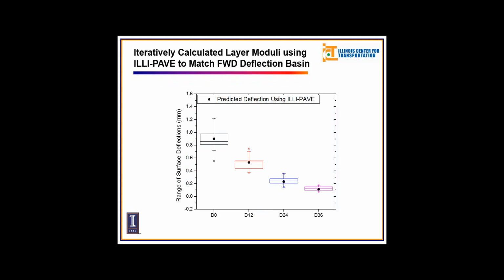We wanted to make sure that the deflection we were predicting using ILLI-PAVE was actually higher than the average of what we had from the field. So this graph shows how we predicted the deflection using ILLI-PAVE.